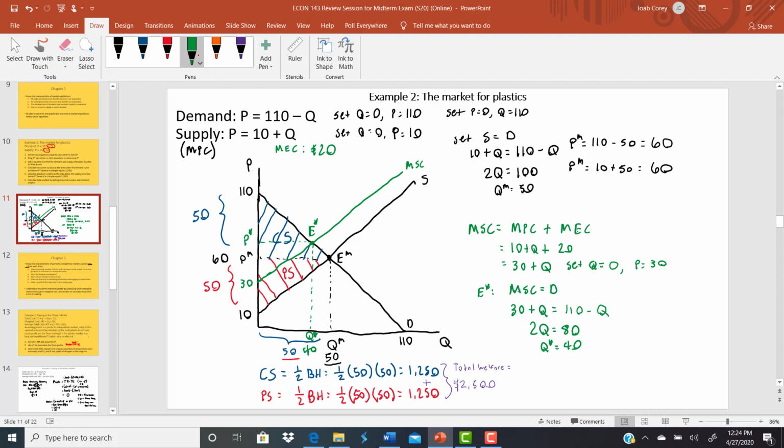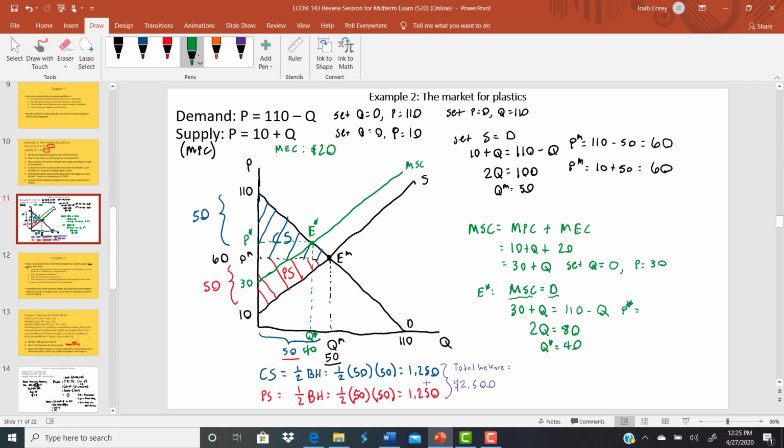Right. Now again, in order to figure out our P star, we need to plug that Q star of 40 into either of these equations, the marginal social cost equation or the demand equation. Again, don't plug that Q star of 40 into your original supply curve, because this equilibrium where we're calculating E star is not where we're intersecting with our original supply curve.